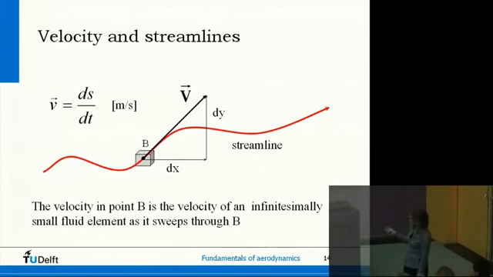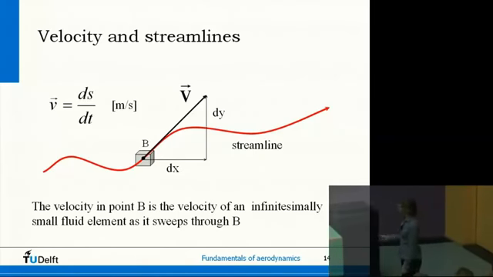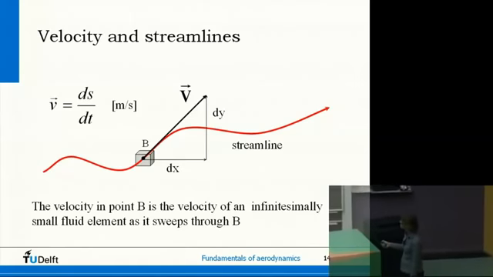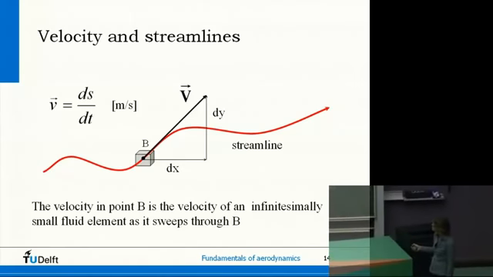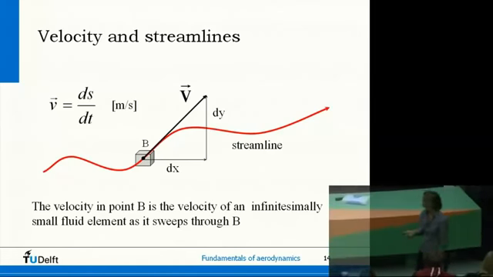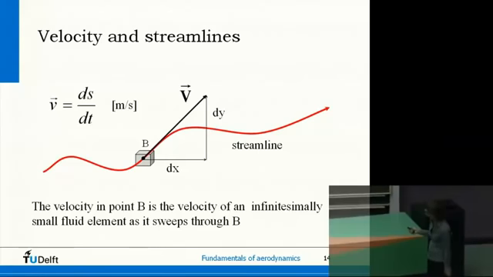So it has a certain length, a certain absolute value, and a direction. And then what is the definition of the velocity? Well, it is the length it travels over the time it travels, and this length then has a direction. So it's ds over dt. And again, we want to talk about velocity in points, so we take the limit to this point: a very small fluid element sweeping through a very small length over a very small time.